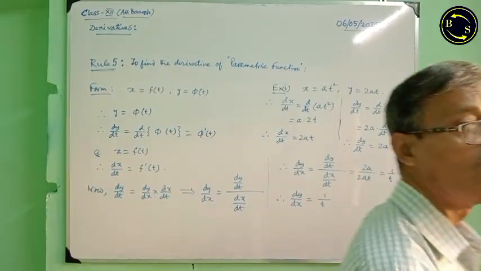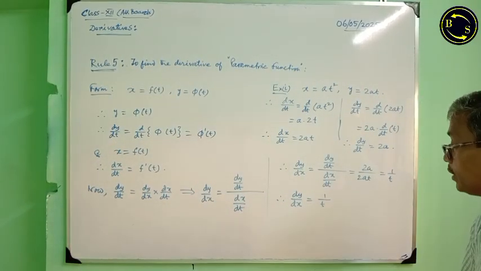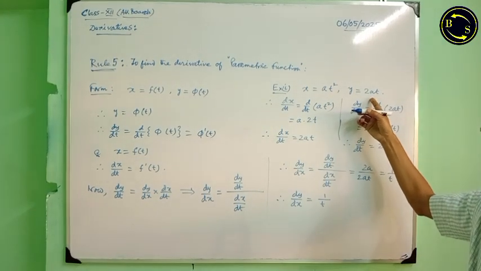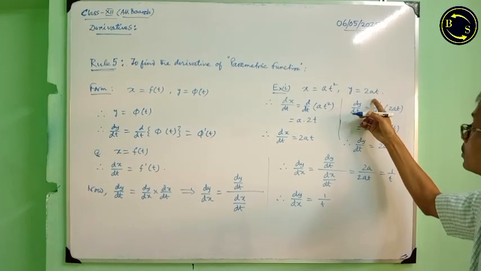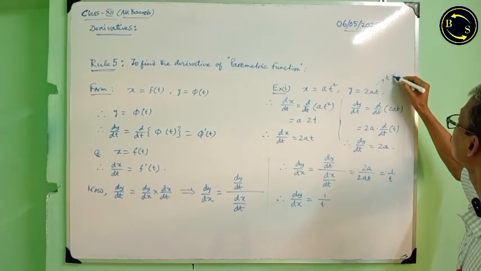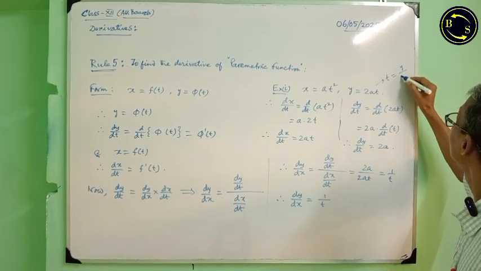Sometimes it is required to find derivative in terms of say y. From this we find t equal to y by 2a.